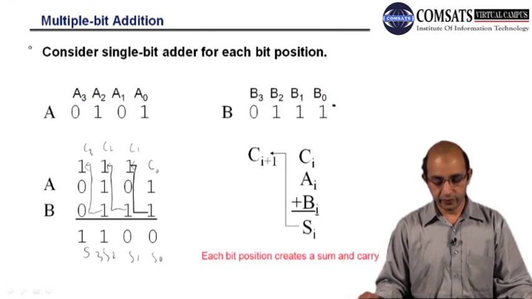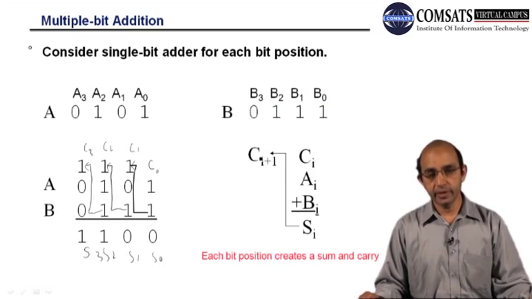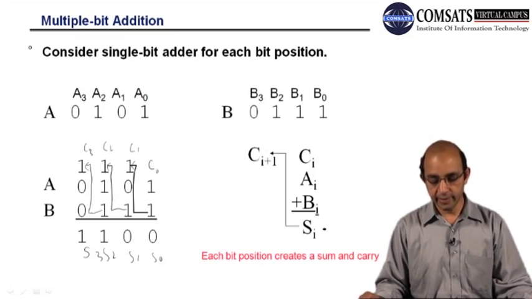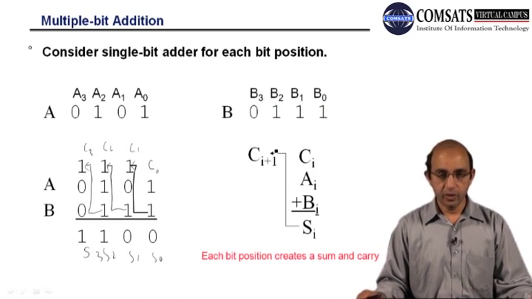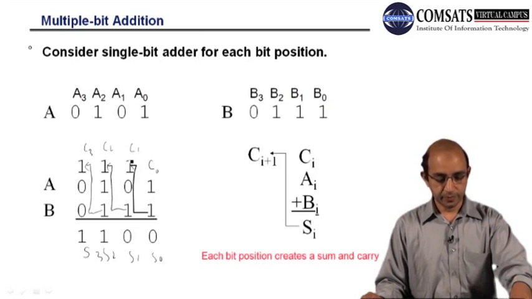So if I have to represent that scenario, we have a carry, the corresponding bit from A and the corresponding bit from B, and I have the sum and I have placed the carry here. Each bit creates a sum and a carry, and we have to place that carry one bit ahead. So if I have a carry here, I will be placing it over here.